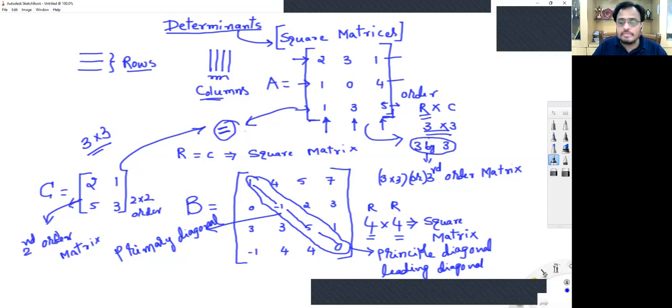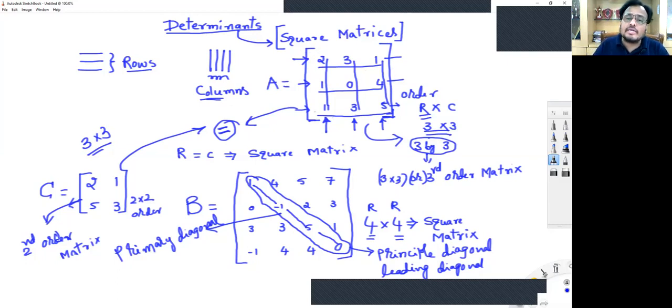Dear students, once again I'll explain: the systematic arrangement of elements in the form of rows and columns, enclosed in square brackets, is known as a matrix.